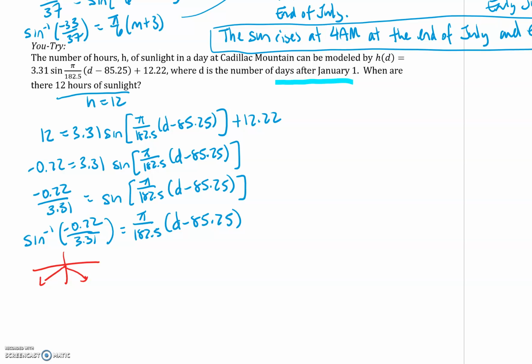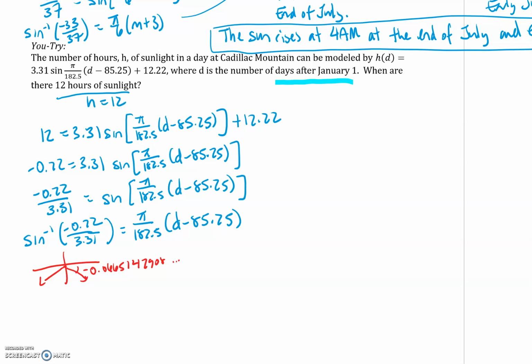So I'm going to put that in my calculator. Inverse sine of negative 0.22 over 3.31 is going to give me approximately this angle, negative 0.0665142908. And remember, this is in radians, so make sure your calculator's in radians.